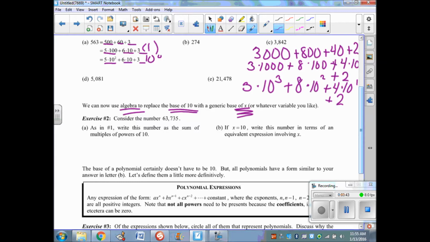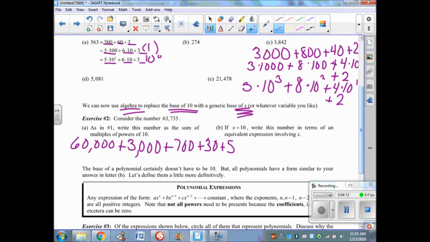So we have 60,000. Then we have 3,000, because that gives us the 63,000. Plus 700 plus 30 plus 5. Now let's break that down into powers of 10.